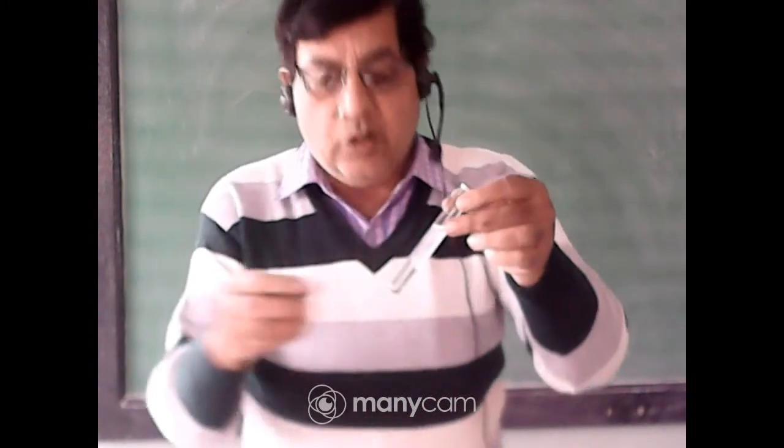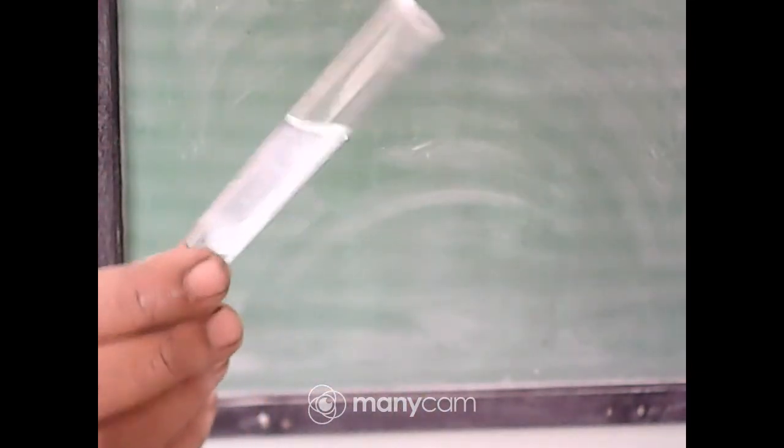See, a very light floating precipitate is formed. You can observe this. It may be aluminum.